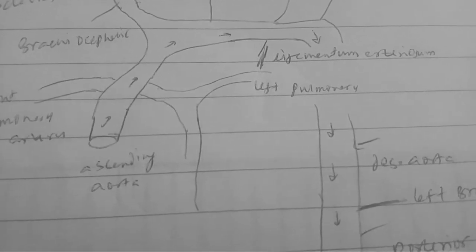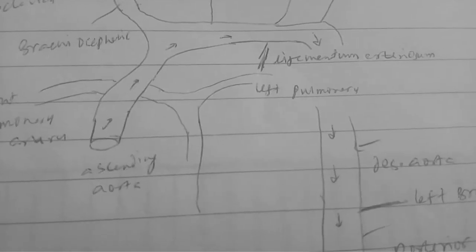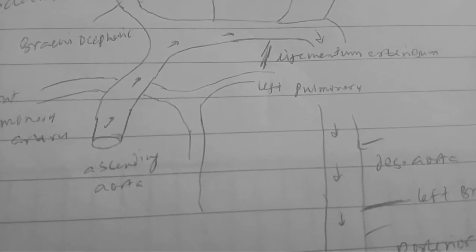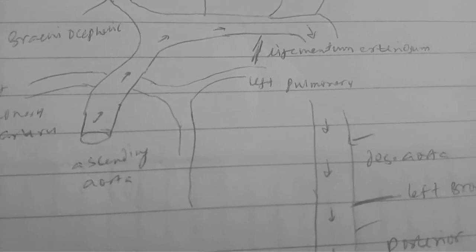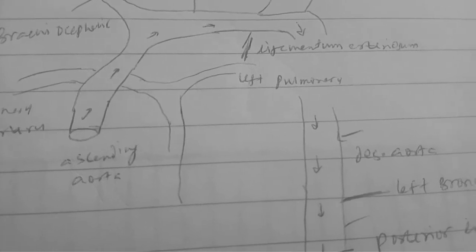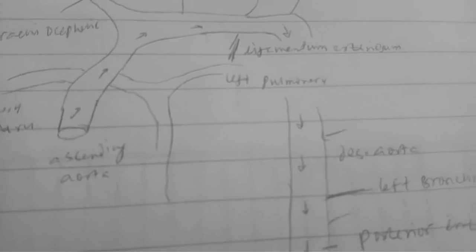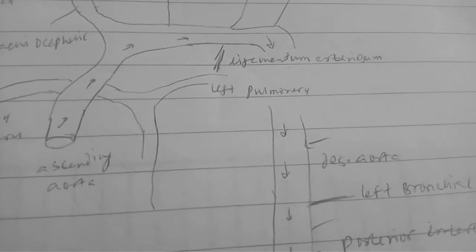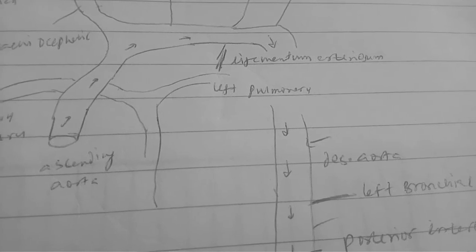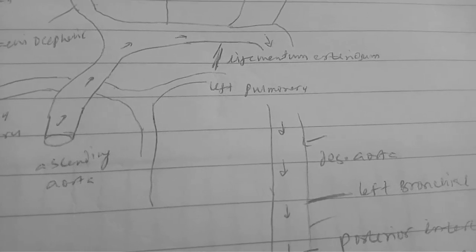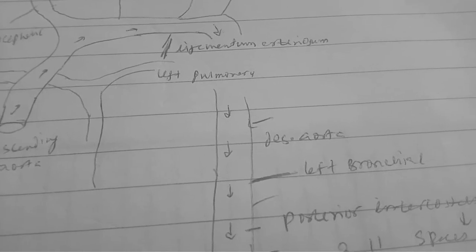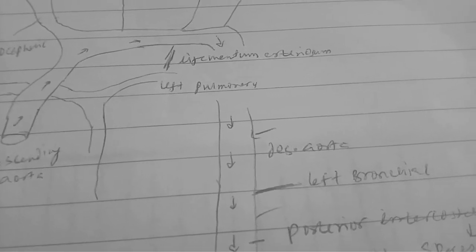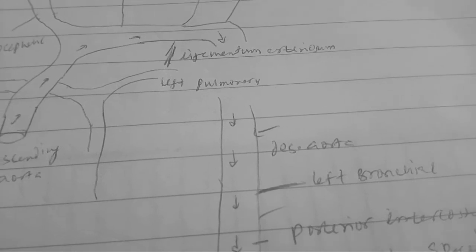The ligamentum arteriosum is the remnant of the arterial shunt which existed in the embryonic life of the fetus. Why does the ligamentum arteriosum exist? Because when we were in the embryonic or fetal stage, we did not have functioning lungs, so we required something called the arterial shunt.